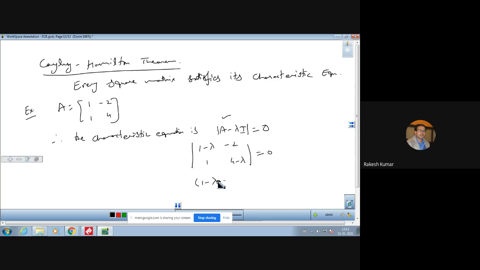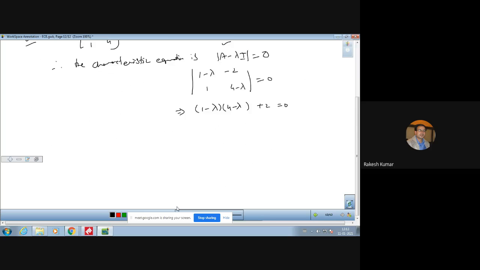Now you can expand this determinant, and solving a little, it comes out to be lambda square minus 5 lambda plus 6 equal to 0. This is the characteristic equation we have.